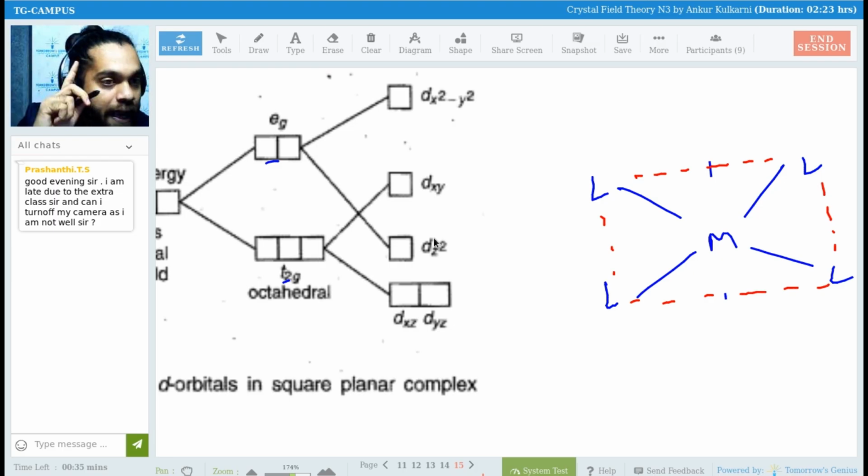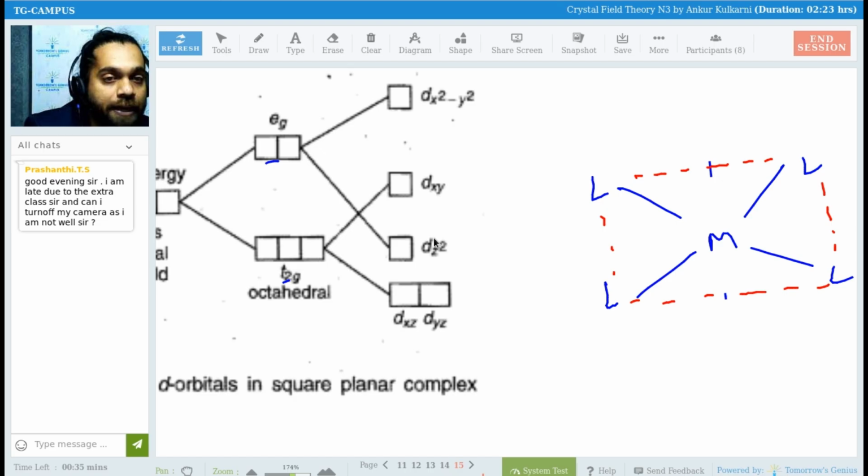Due to that, what happens? Whatever orbitals on the z-axis were present, there is no ligand near the z orbital, so they get stabilized.